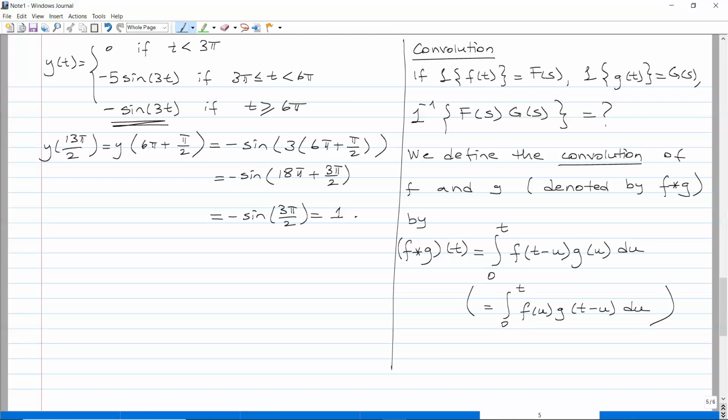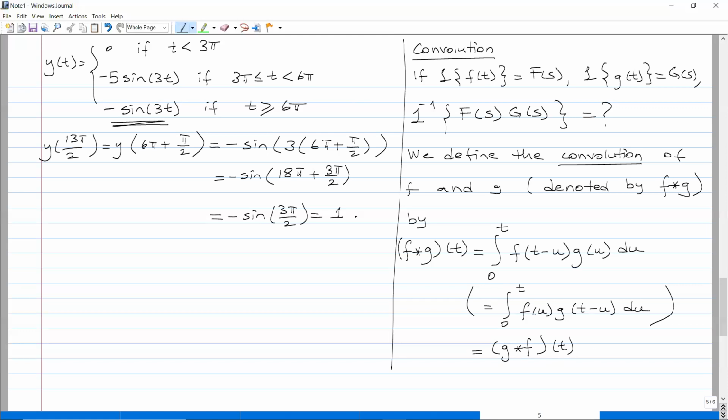You can try making this substitution, change t minus u to a new variable, say v. You see, you get this integral. Okay, so the order of f and g is not important. g convolution f of t, it doesn't matter.